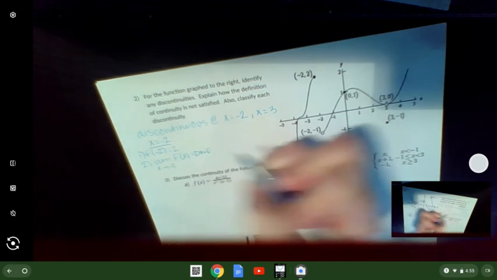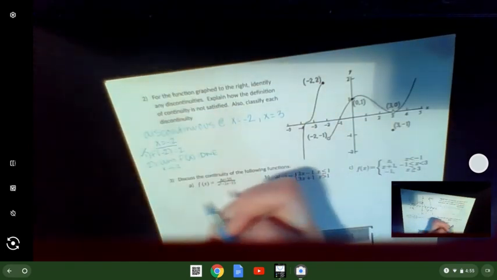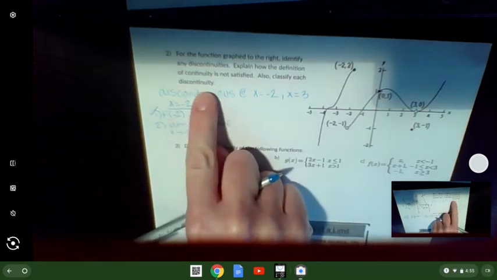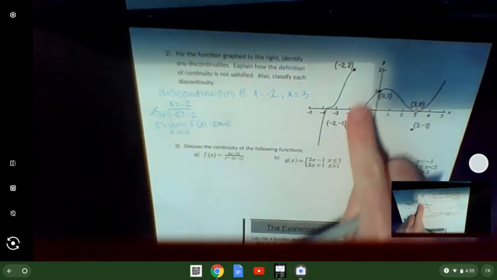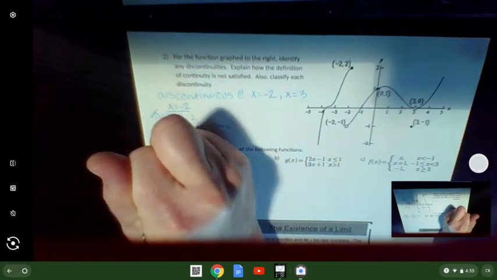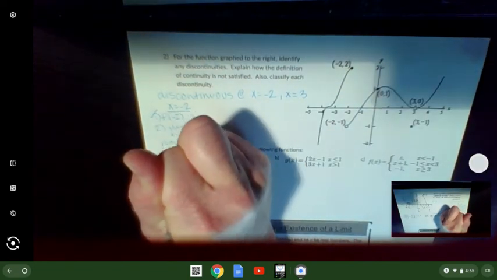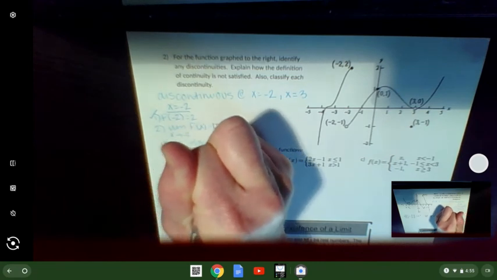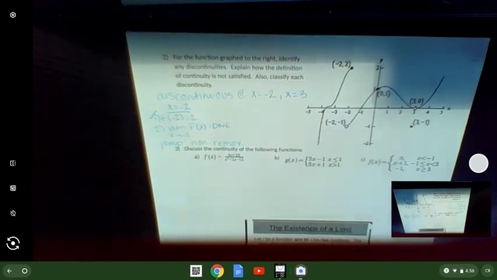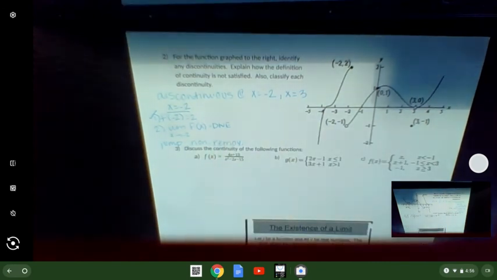We failed the definition of continuity because our limit does not exist. Classifying that discontinuity, we can tell right here I have a huge gap, so we have a jump, which is non-removable. That cannot easily be fixed, if you will. Non-removable. I'll let you run through 3.